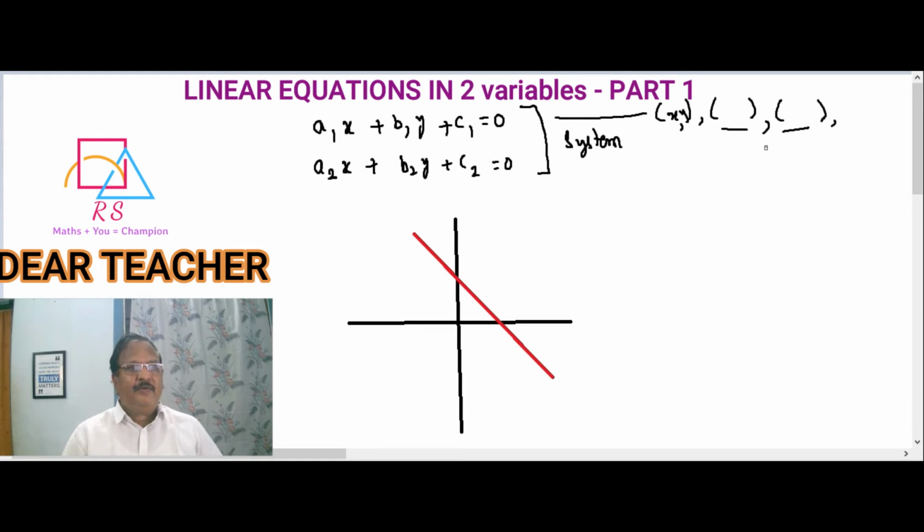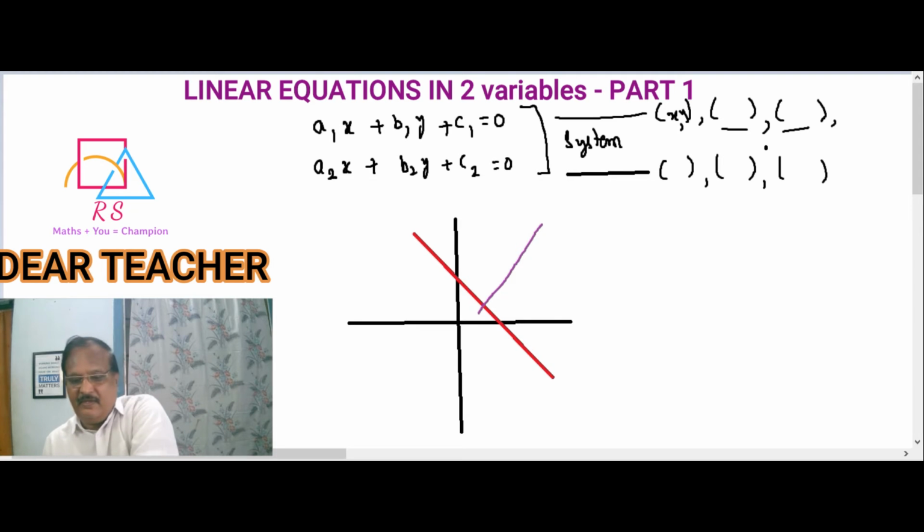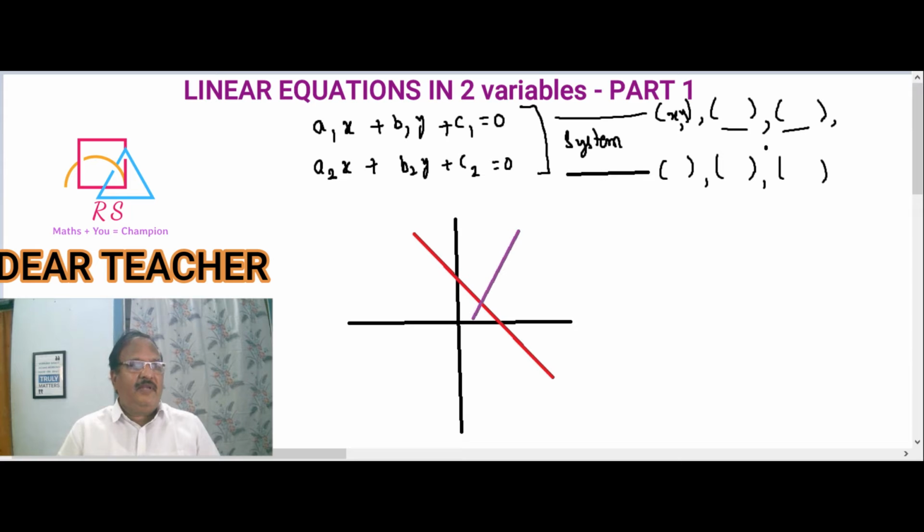Okay. Now for the second one also you take solutions, and then you draw the graph of the second equation. You will be getting, for example, something like this.